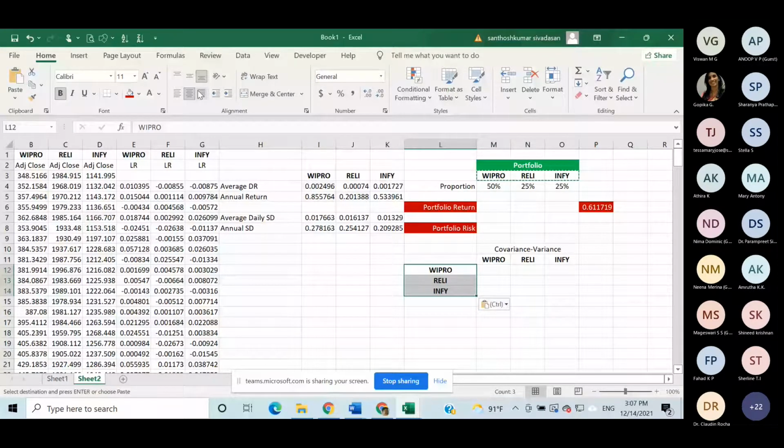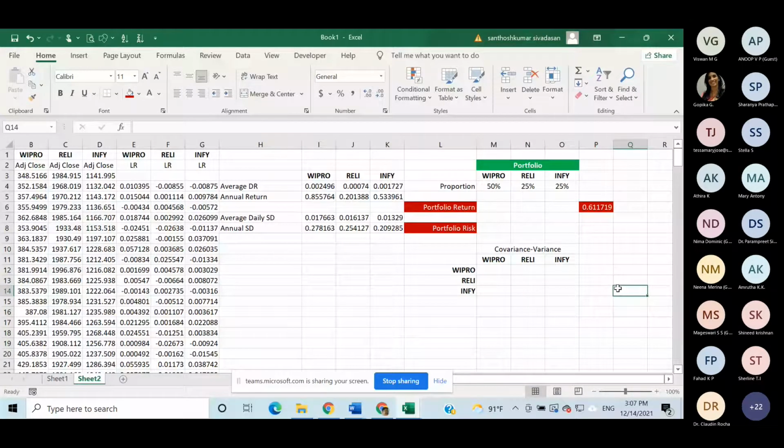So what I'm going to do here, I'm going to find the covariance of Wipro and Wipro, that is variance. That is why it is called covariance variance. What is the co-movement in the return? When the portfolio changes, what exactly is the co-movement? Wipro and Reliance, Wipro and Infosys. That we are going to find. So we have to fill in these 9 cells. Each one you have to find the covariance.